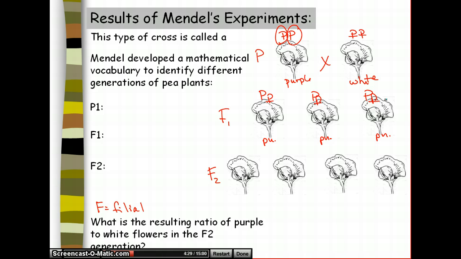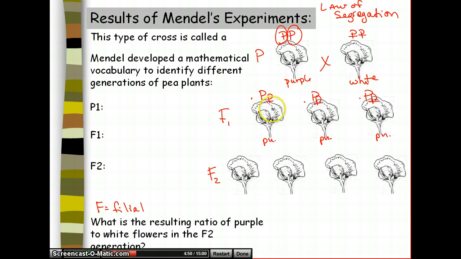He has to. That's all he has to give. Therefore, Mendel came up with his law of segregation. He figured out that these guys, his F1 generation, were heterozygous, and therefore they looked purple.